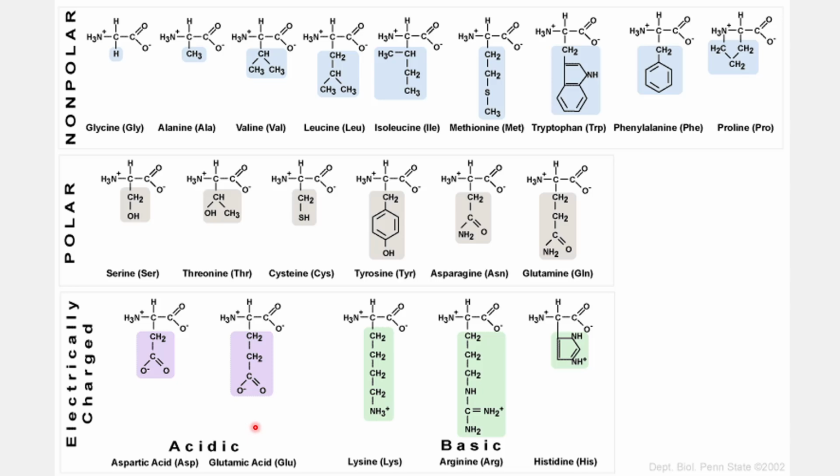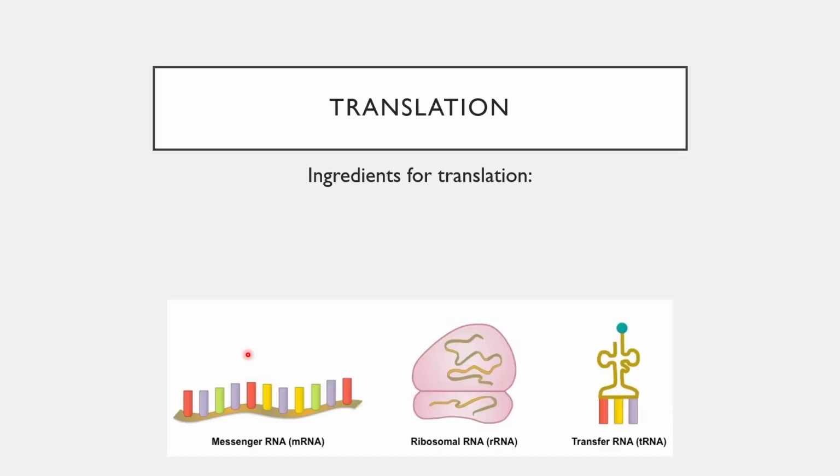But what we need to know is that in order to make proteins, one of the ingredients that goes into the process of translation is raw amino acids, because these are the building blocks of proteins. So the ingredients that are needed for translation to take place are, of course, the instruction manual, the messenger RNA or the mRNA that came out of transcription. It is necessary to make the protein because this is the guide for how the protein is made.